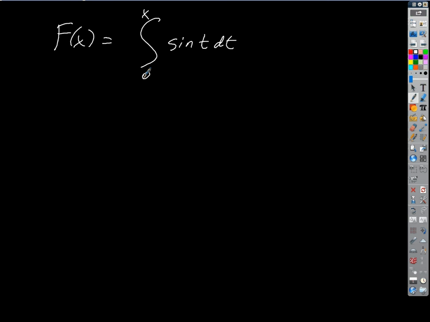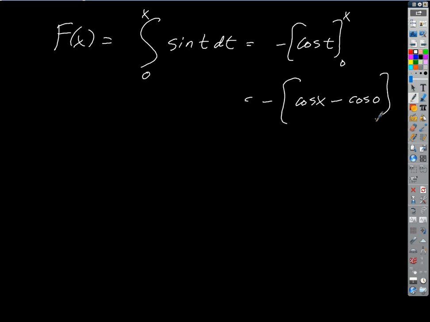So what's that equal to? I'll pull the negative out front, and we'll go from 0 to x. So I'm just going to get back negative cosine x minus cosine of 0. What's cosine of 0? 1.